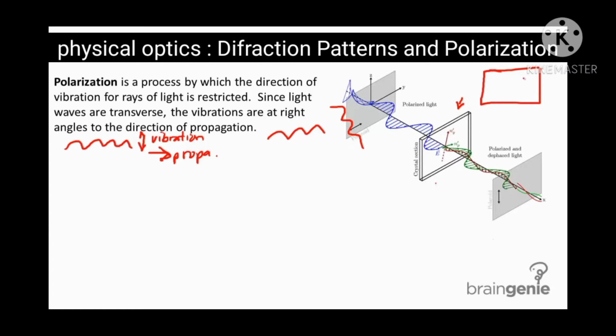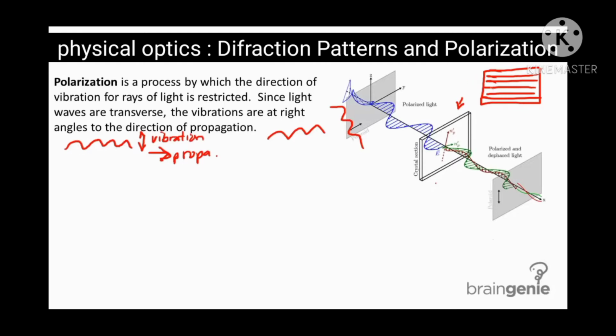Crystals are formed with different axes. They have different crystal axis structures. Because of the arrangement of the molecules in the crystal, they only allow certain directions of vibration to pass through.